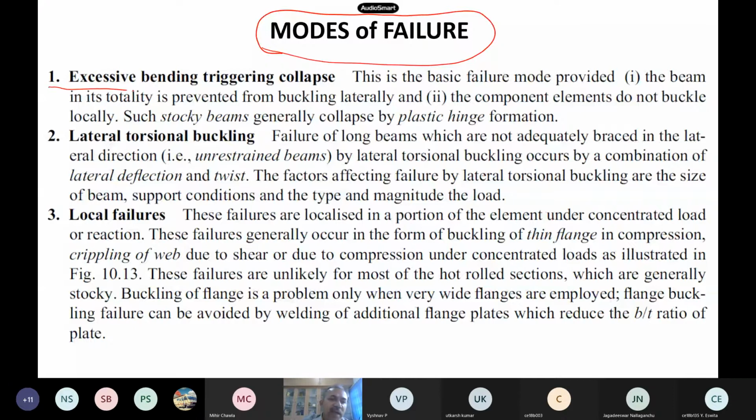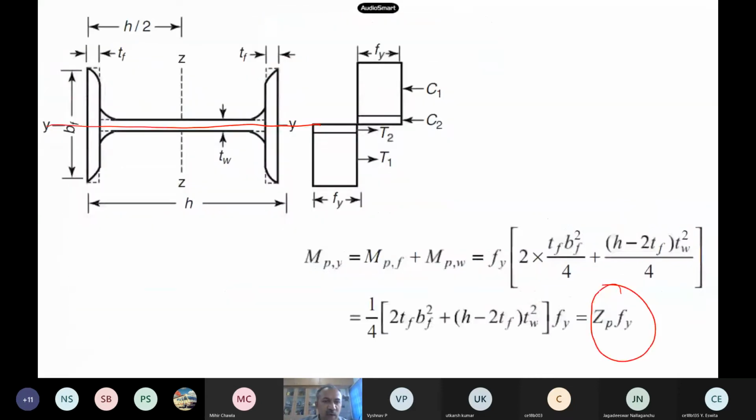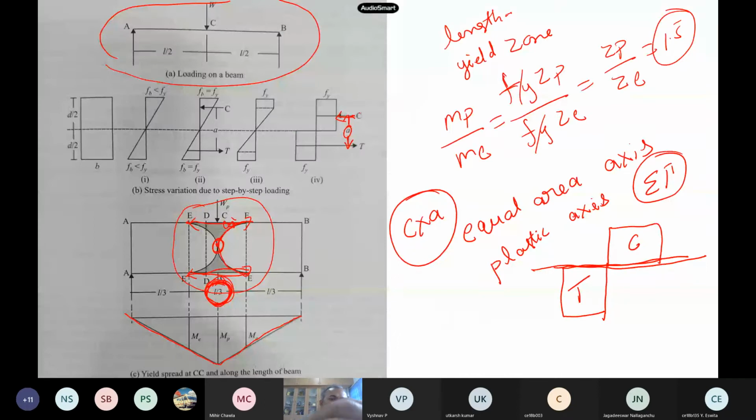One is the bending-triggered collapse, which is straightforward. Generally, how do beams fail? For example, I already showed this one: a simply supported beam. What is its failure mode? How is it going to fail? Plastic hinge.